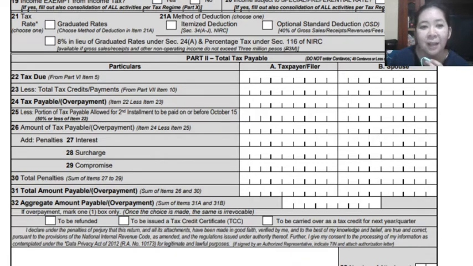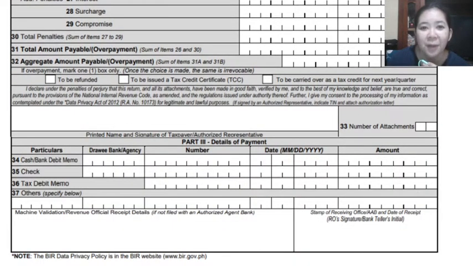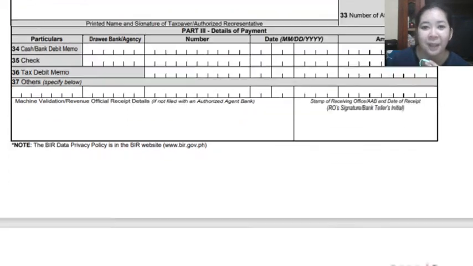If the taxpayer filed late, after April 15, we will add penalties such as interest, surcharges, and compromises. So that will be the total amount payable. Part 3 will be the details of the payment, or how this tax due was paid by the taxpayer.